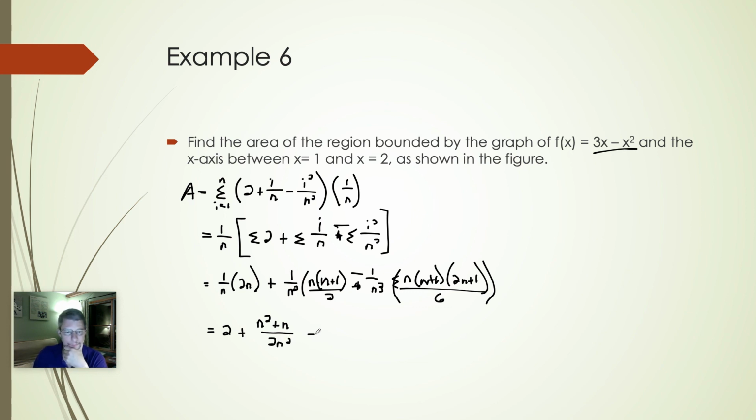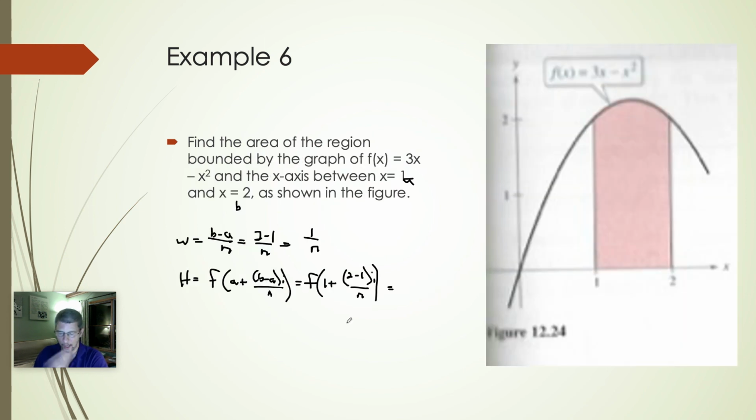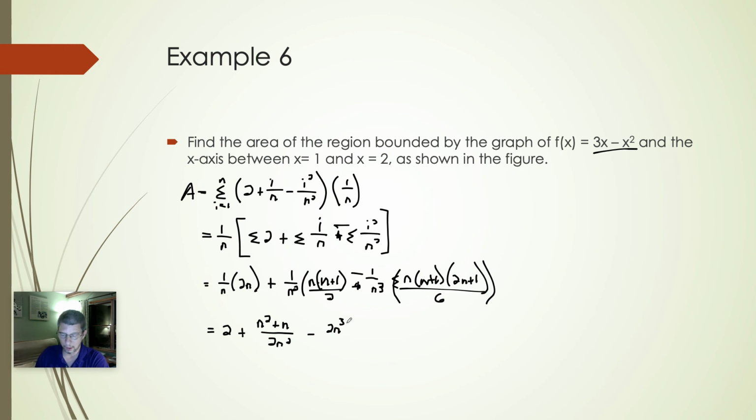And then for the last one, n times n is n squared plus n, and then multiply it by this, and you're going to end up with 2n cubed plus 3n squared plus n, and that's all going to be over 6n cubed.